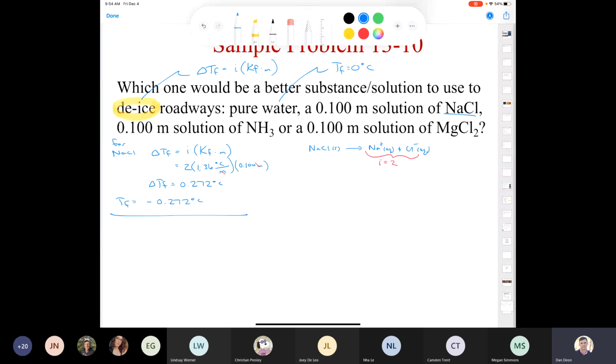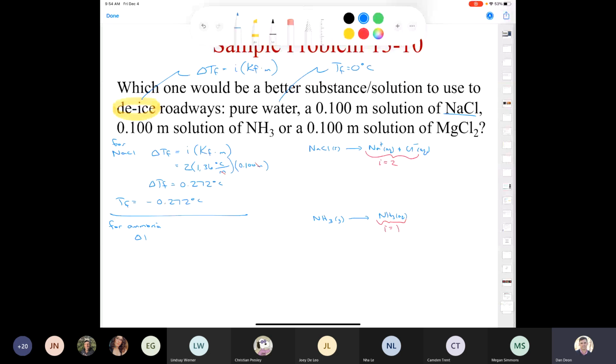Okay. What about for ammonia? Well, ammonia is a non-electrolyte, right? If I take ammonia in the gaseous phase and I put it in water, I'm just going to get aqueous ammonia. It's not ionic, right? So my Van't Hoff factor is going to be 1. Okay, so now I can speed up the process a little bit.